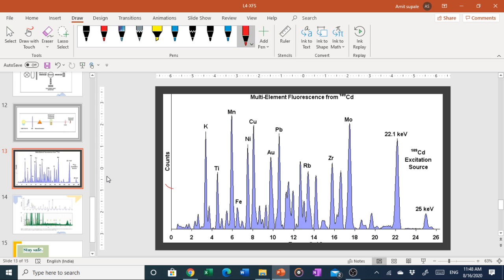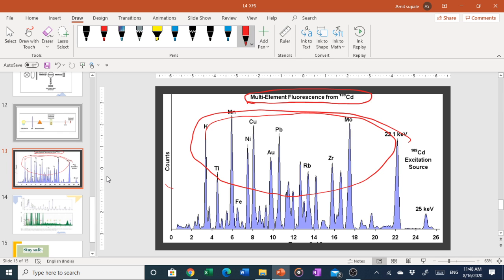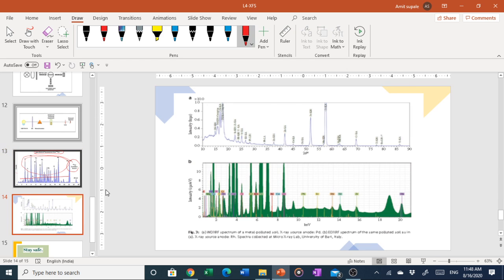Now this one is how it applies to environmental analysis. Multi-element fluorescence from a cadmium-109 source we can carry out. Within a single run we can analyze different elements present in that particular sample. We have used a cadmium excitation source and by using this we can analyze different metals present in the sample. This is a very helpful technique, and I have taken this data from a source on soil analysis.